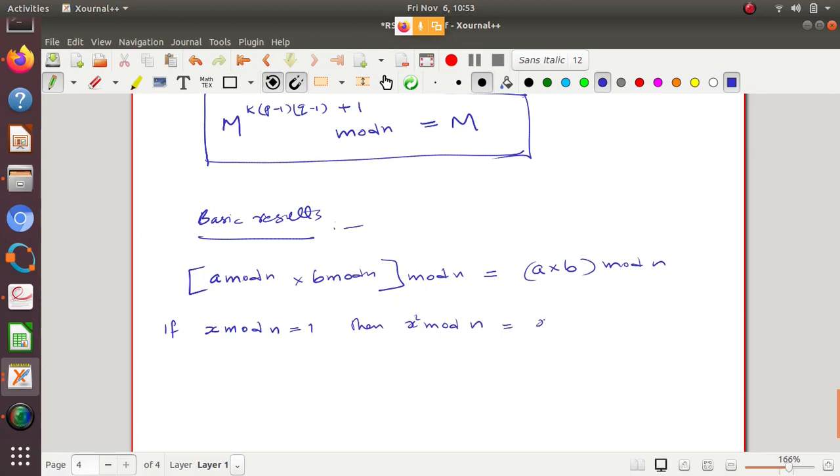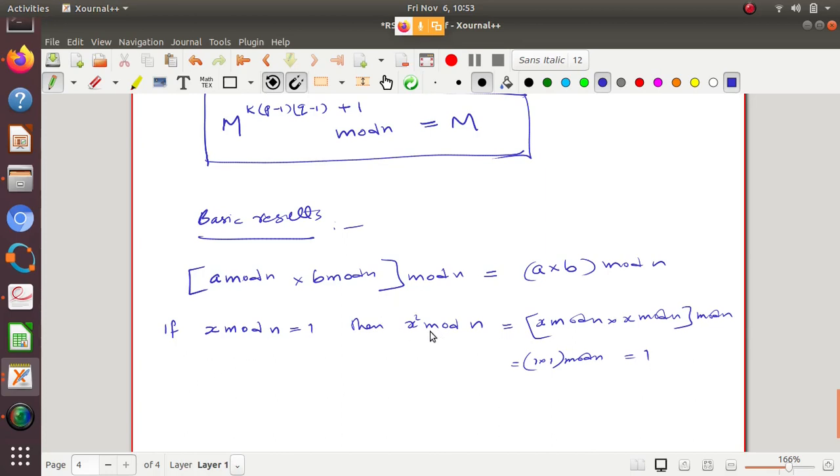This can be written as x mod n into x mod n, whole mod n, by using this property. So this value is 1, this value is 1 here. We are given x mod n is equal to 1. Then 1 into 1 mod n is equal to 1 itself.